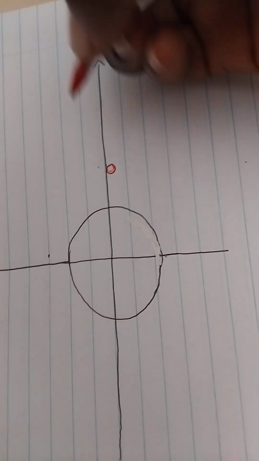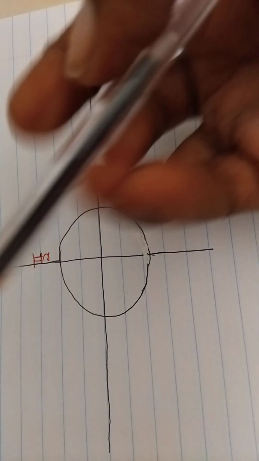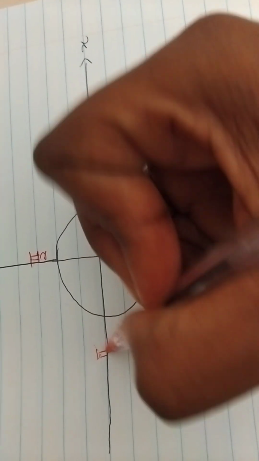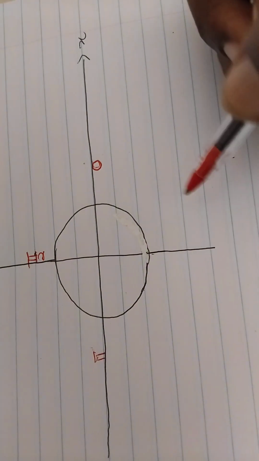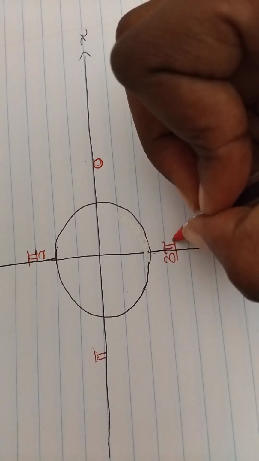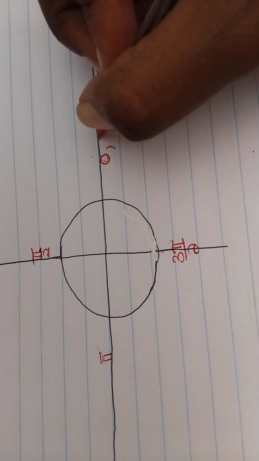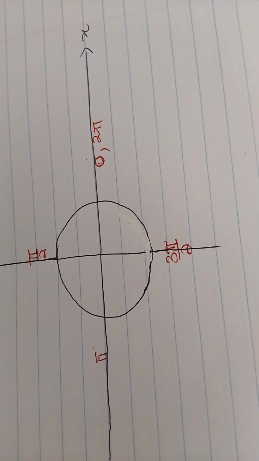And as we go anti-clockwise, where we have 90 degrees, which is pi over 2, we have pi radians, and then from here we have 3 pi over 2 radians, and we complete a revolution with 2 pi.